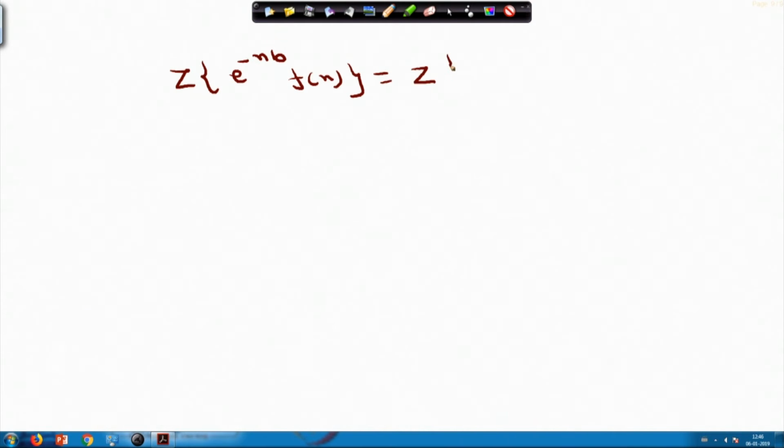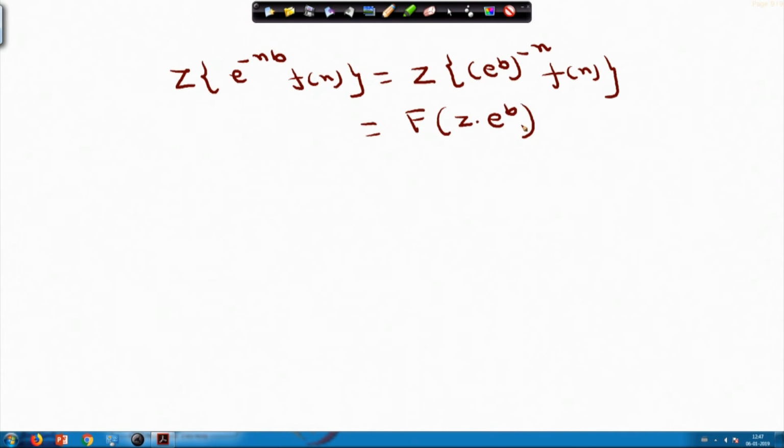This is Z transform of e power b to the power minus n into f of n, and this is nothing but capital F of z into e power b. Basically, by scaling property we can write this. Here we are assuming a equals e power b, so a power minus n. Therefore, using scaling property I can show that Z transform of e power minus n b into f n equals capital F of z into e power b.